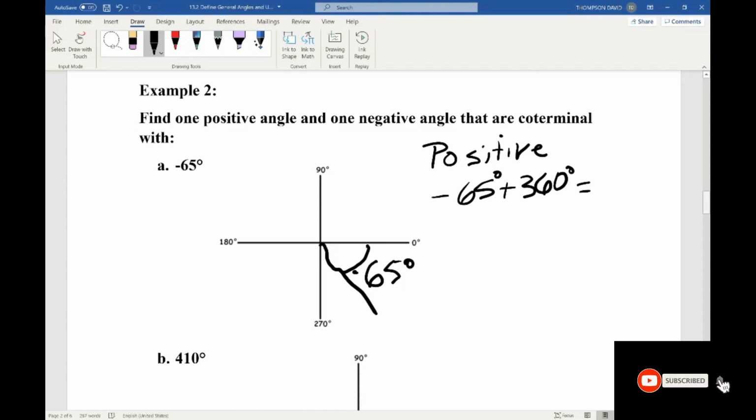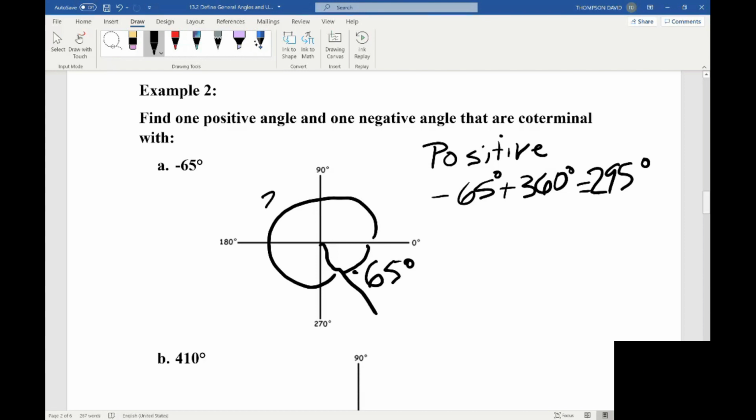The negative 65 plus 360 is 295 degrees. So going in the positive direction, that's 295 degrees.